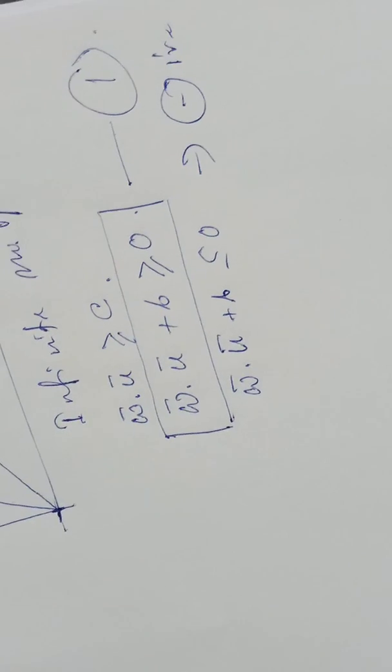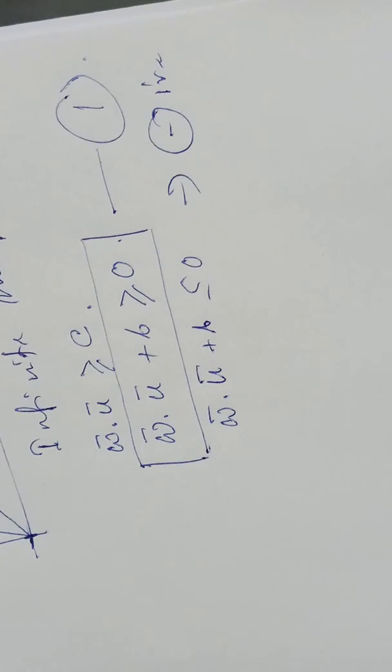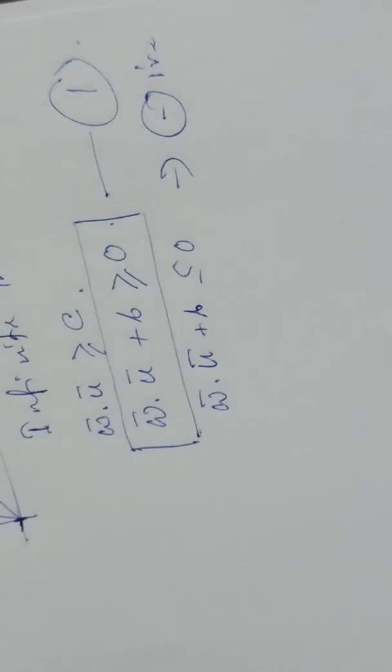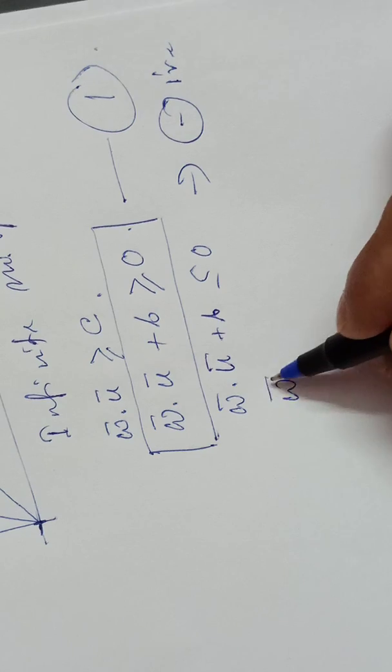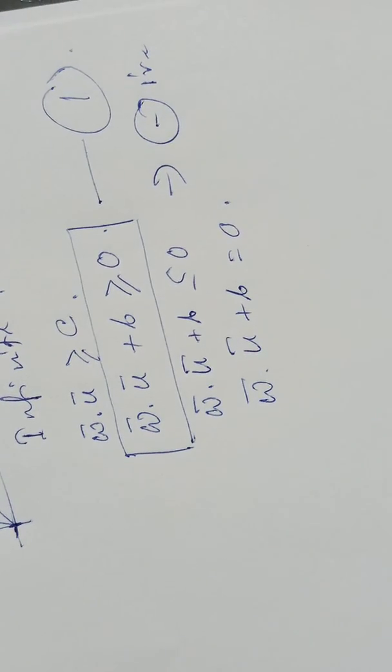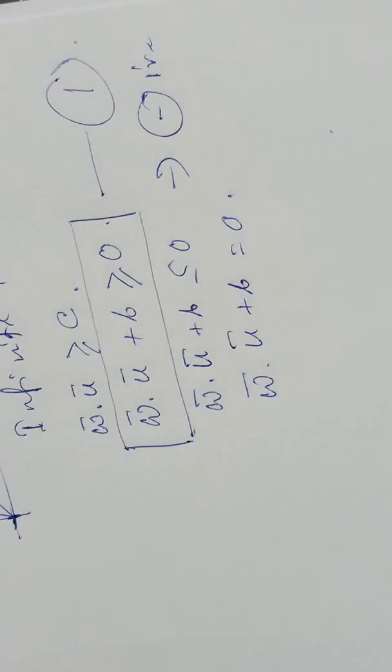Clear? Right. So then what we will do? All points here will be W dot U plus B equals to 0. That means it is within the gutter or the street.